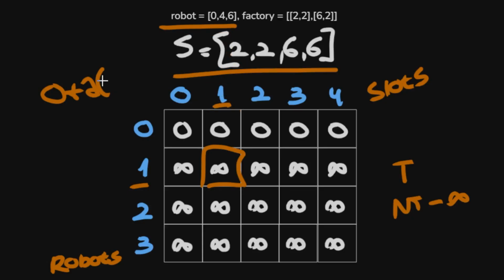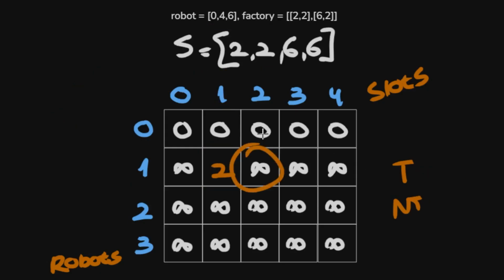Here we have a 2 minus the value for the first robot, which is at 1 minus 1. So we are looking at this index. This is 0, 2 minus 0 is 2, 0 plus 2 is 2, so the result here is 2. And the minimum between these two elements is 2, so we replace this with 2.